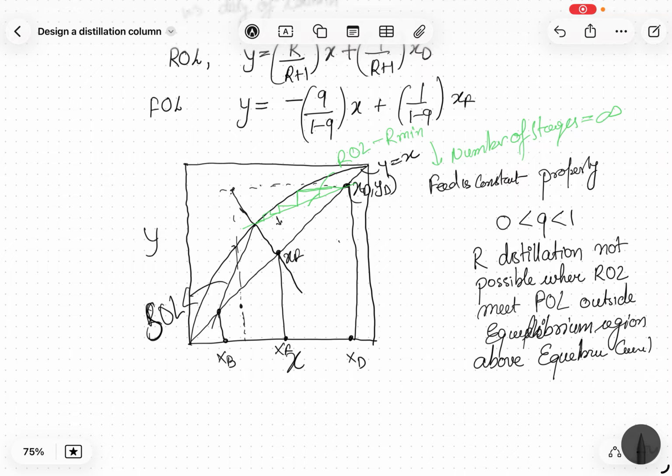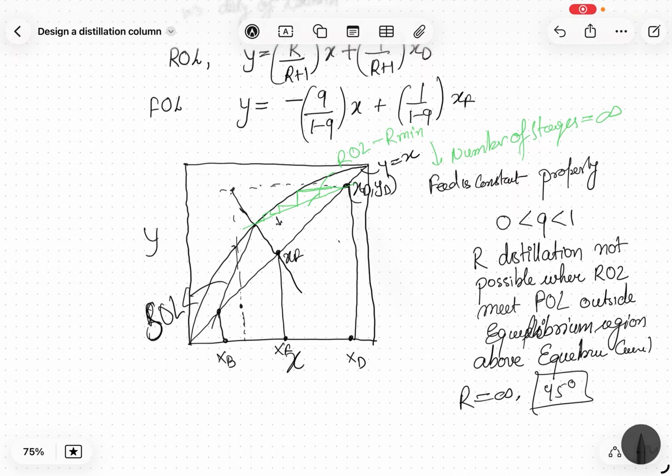As R becomes infinite, the slope of this line becomes 45 degrees, because R divided by R plus 1 becomes 1, that is tan 45 degrees. When R is some finite value, it is always less than 1, and on the curve of tan theta it is always less than 45 degrees.